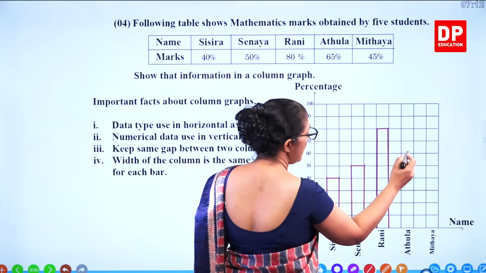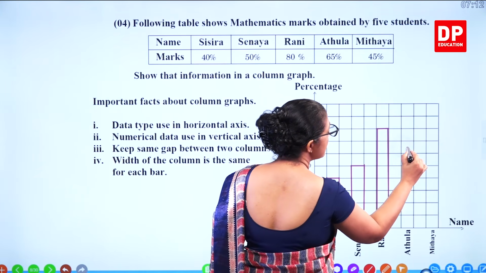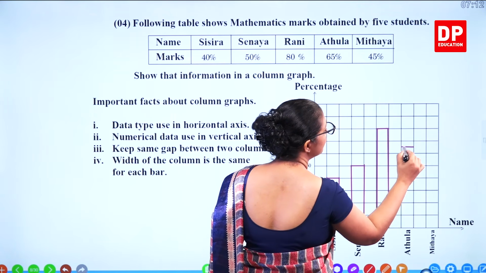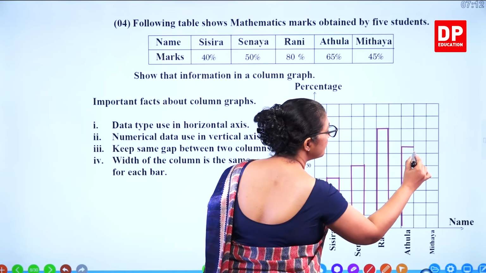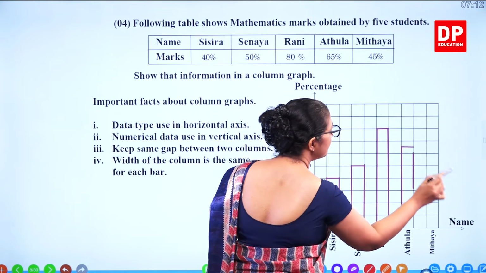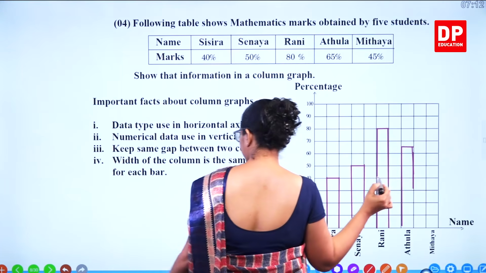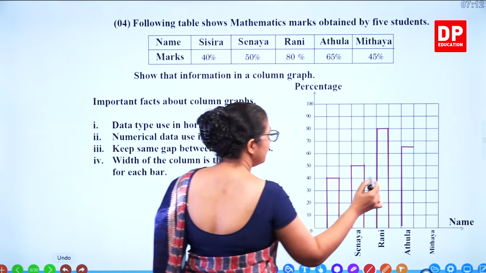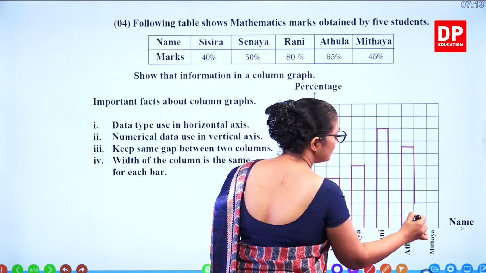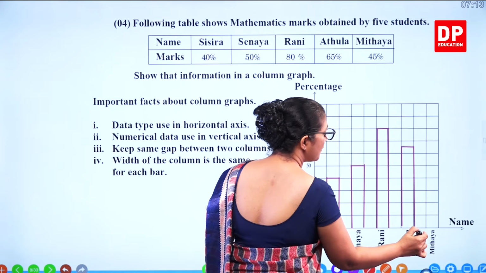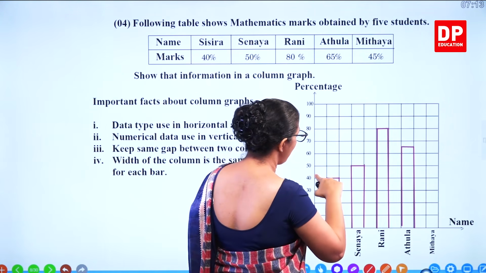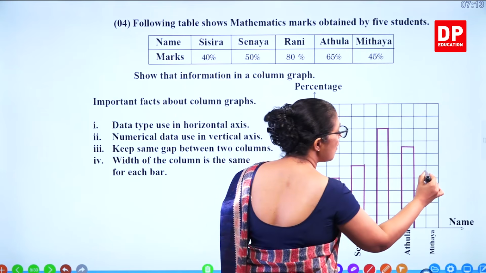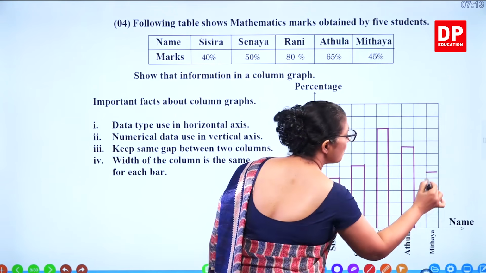It's in between 60 and 70. And then 45% Mithaya. 45 also in between 40 and 50.